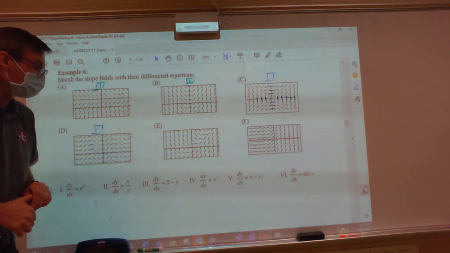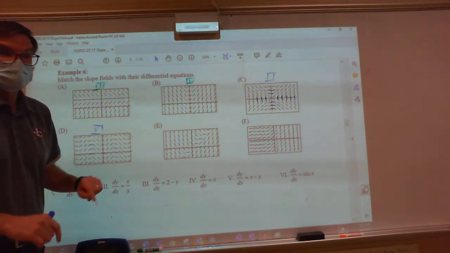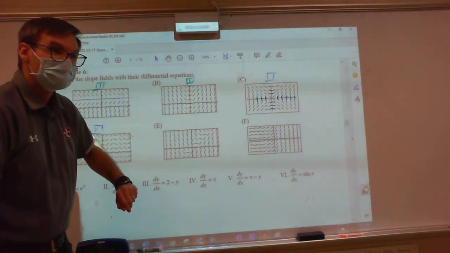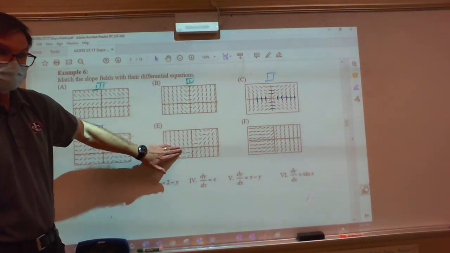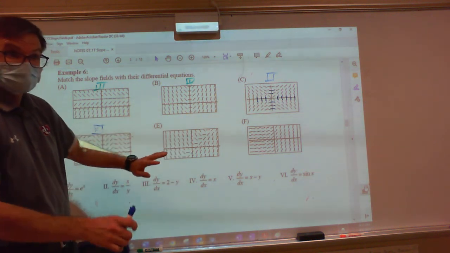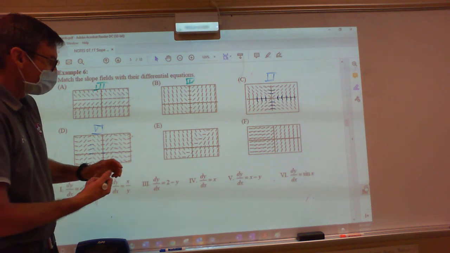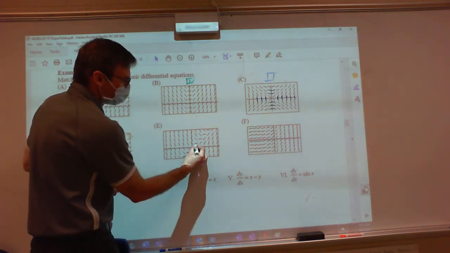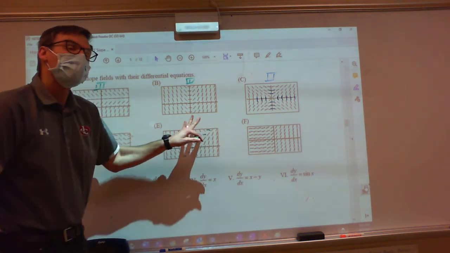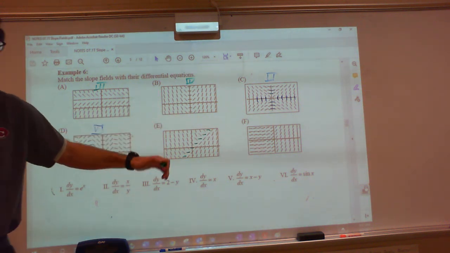All right. Now, harder questions, and I've seen questions like this a lot. Here's the slope field, match it. Where is it 0? Can we identify these as the 0 slopes? What's special about those? What's the relationship between x and y there?